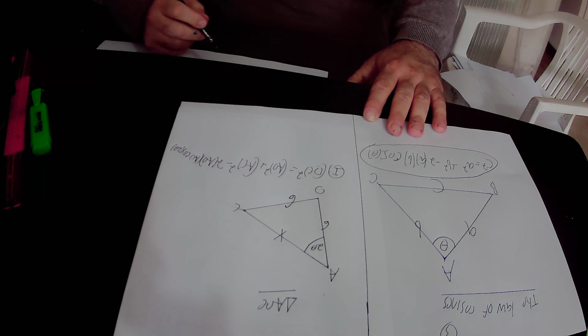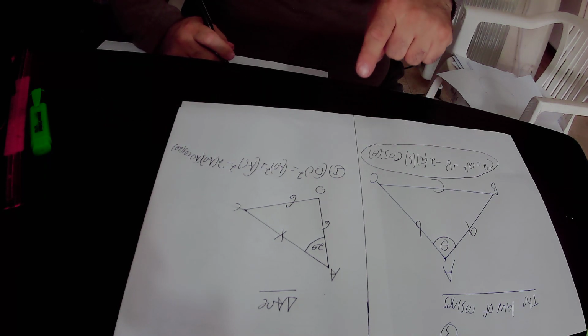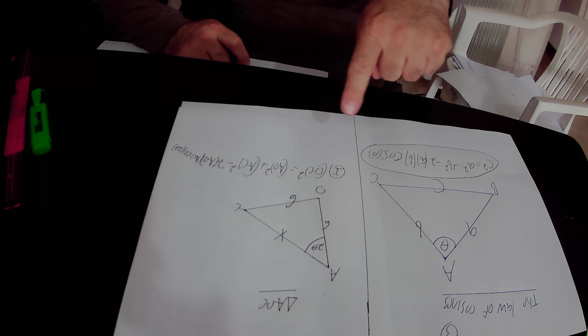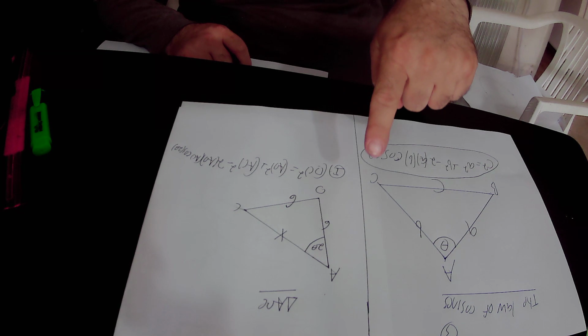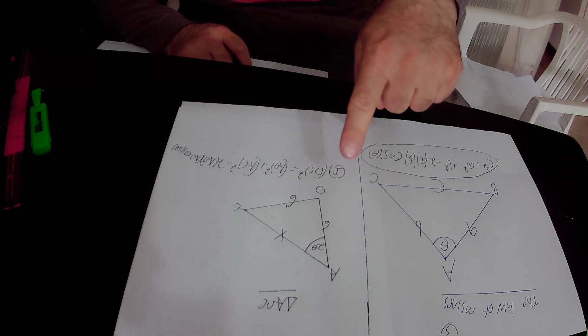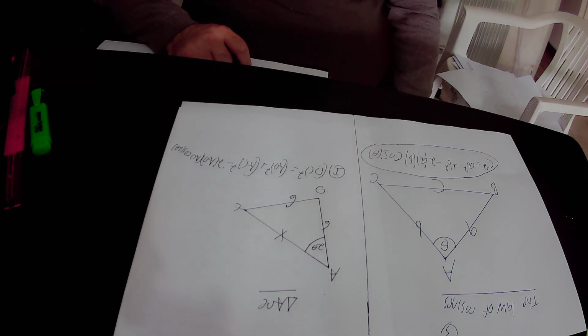I'll repeat again. According to the law of cosines in triangle AOC, we get that OC squared equals AO squared plus AC squared minus 2 times AO times AC times cosine 2 theta.